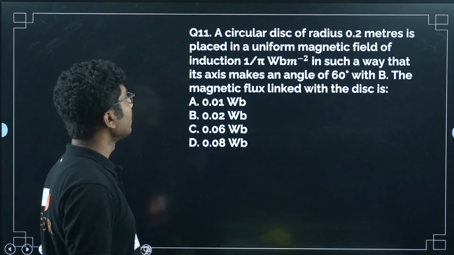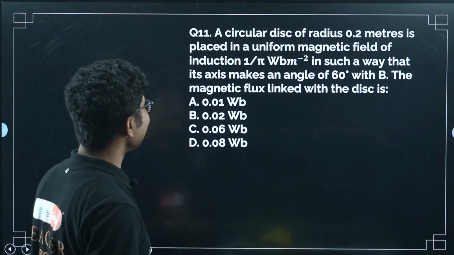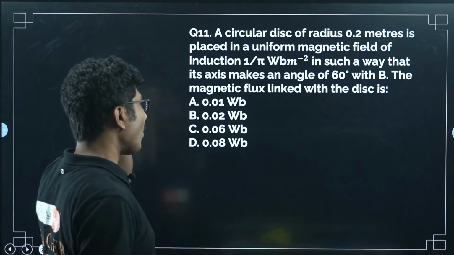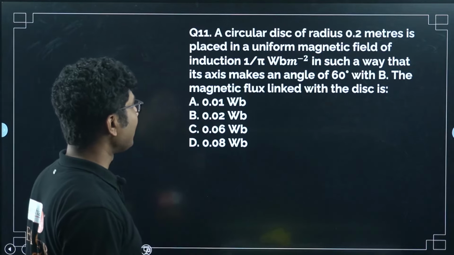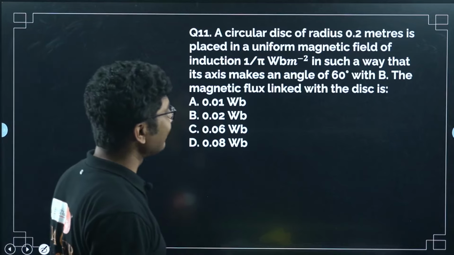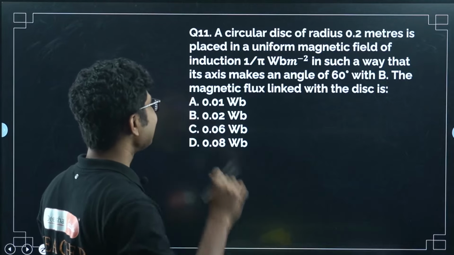Now let's move on. A circular disc of radius 0.2 meters is placed in a uniform magnetic field of induction 1 by pi Weber per meter square in such a way that the axis makes an angle 60 degree with B. The magnetic flux linked with the disc is.